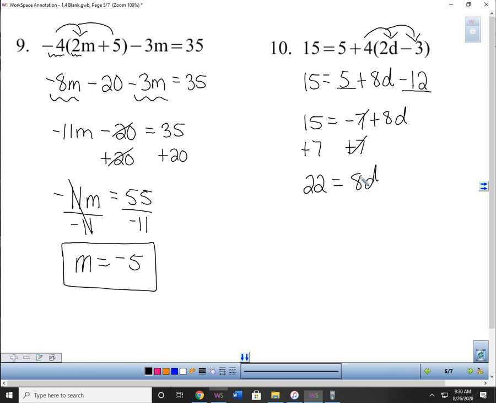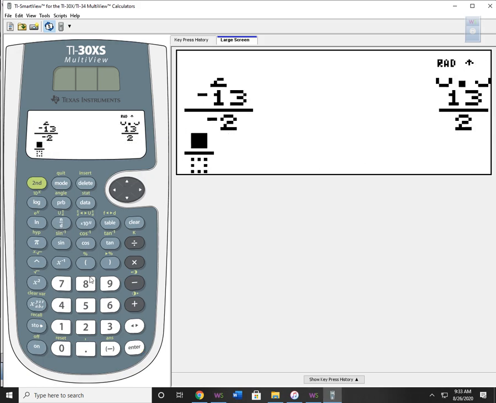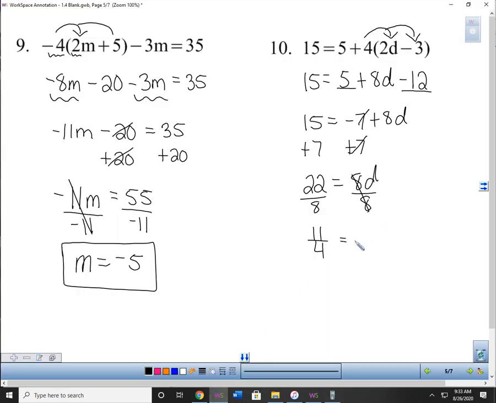So now to take care of the multiplying, I'm going to go ahead and divide by 8. 22 does not divide by 8, but it does reduce to 11 over 4. And if you actually put that in your calculator, remember it does it for you. So if I do 22 over 8, I get 11 over 4. But I don't want my variable to be on the right, so I'm going to move it to the left. And I'm done.